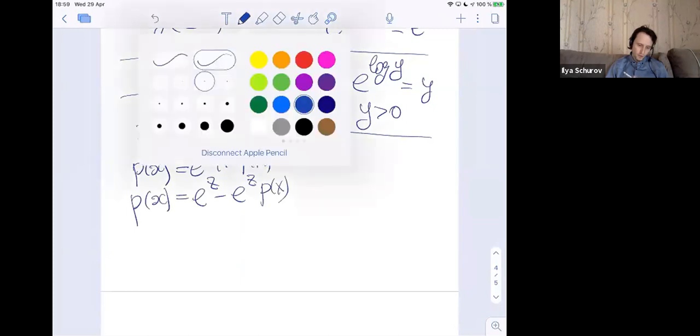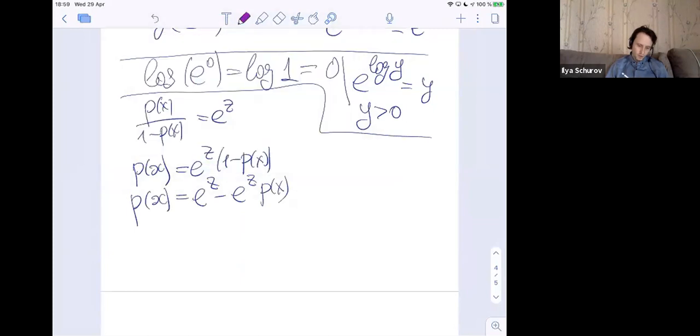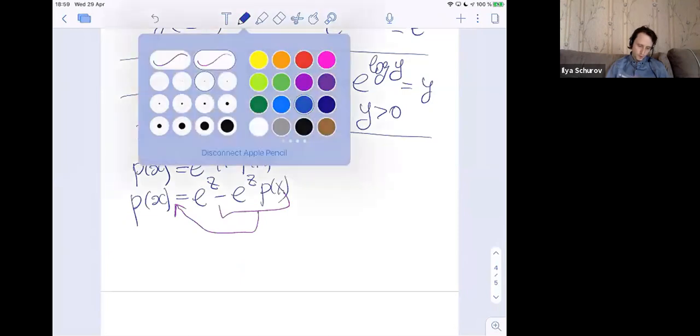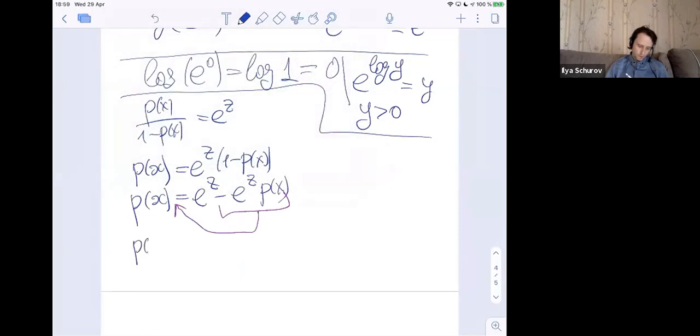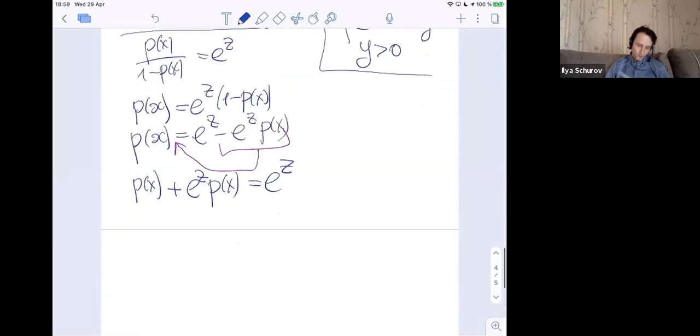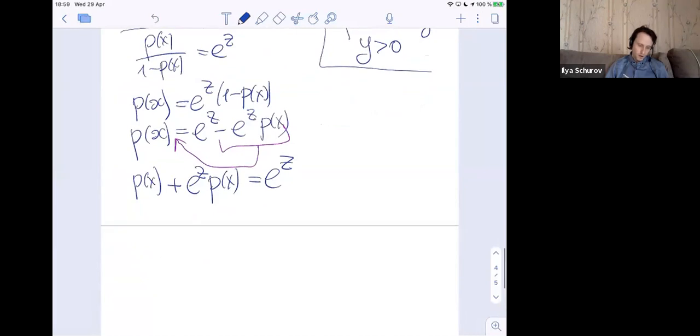Then I move this here with opposite sign. Then I collect terms here.